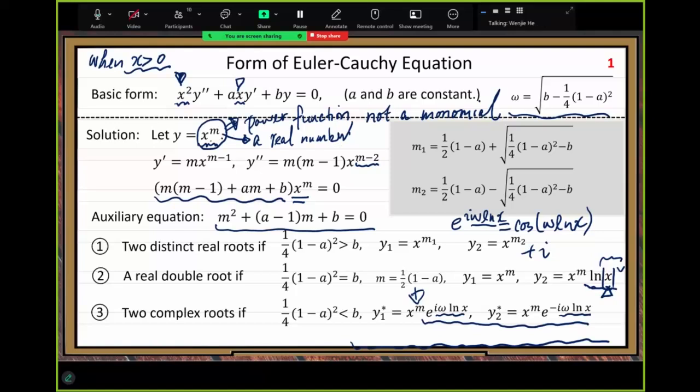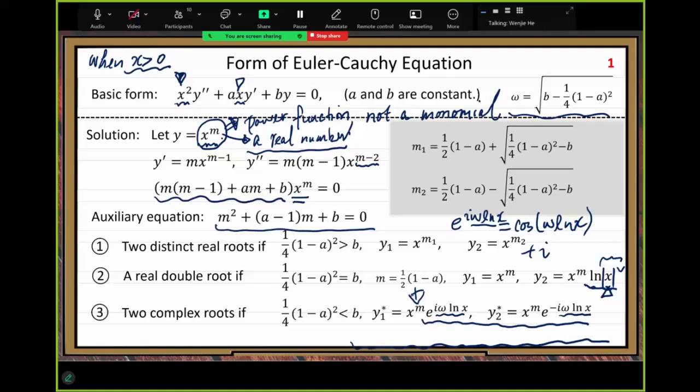If x is negative, what's the meaning of x to the mth power? M is a real number. It's not an integer, not a positive integer, not a negative integer. So if you raise a negative number to the mth power, but m is a real number, say if m were negative, the domain of x would still have to be positive.